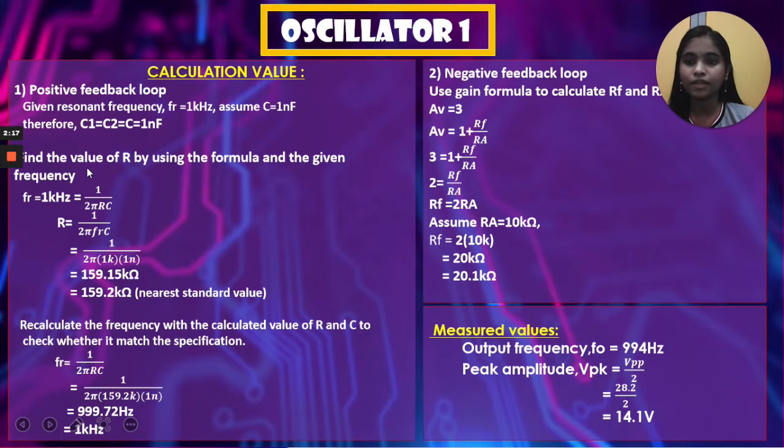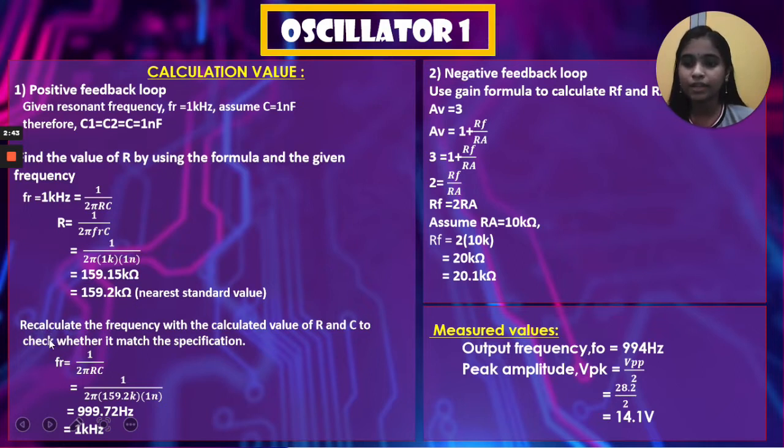Then we find the value of R by using the formula and the given frequency. Fr equal 1 kHz equal 1 over 2 pi RC. R equal 1 over 2 pi FrC equal 1 over 2 pi times 1 kilo times 1 nano equal 159.15 kilo ohms. The nearest standard value is 159.2 kilo ohms.